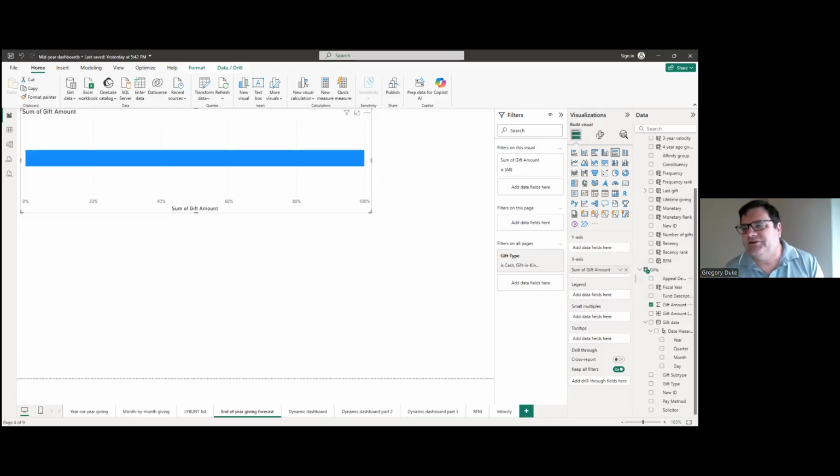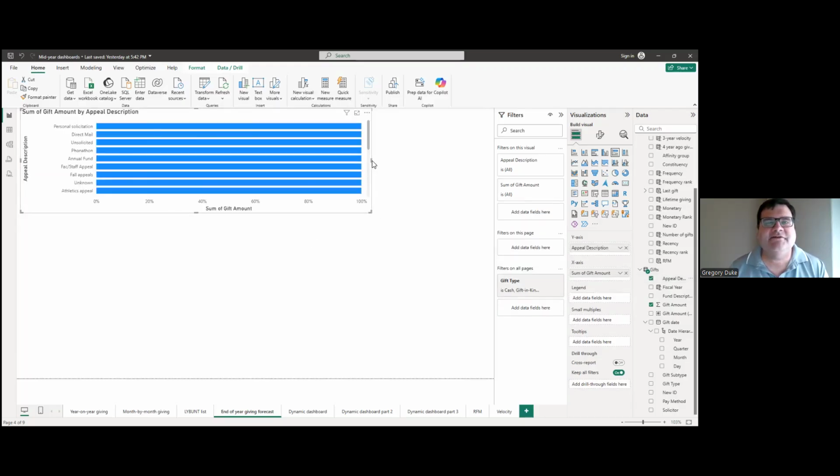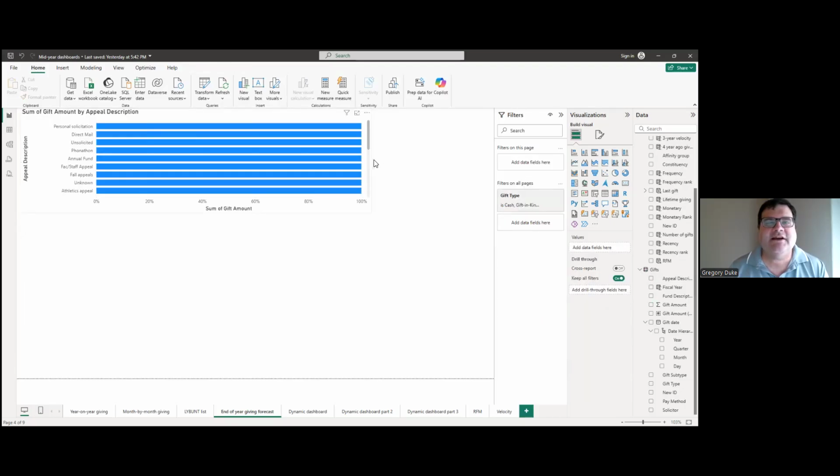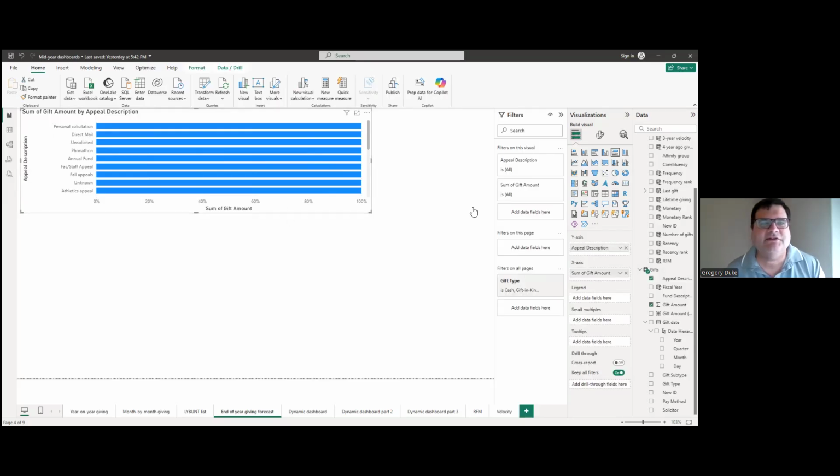But now what we want to do is look at how those gifts came in. So I put together an appeal description, and that's going to be our y-axis. So right now, all of our gifts are obviously 100%.